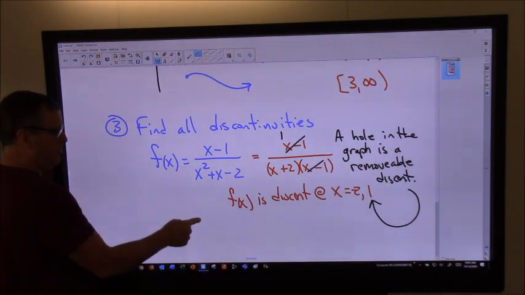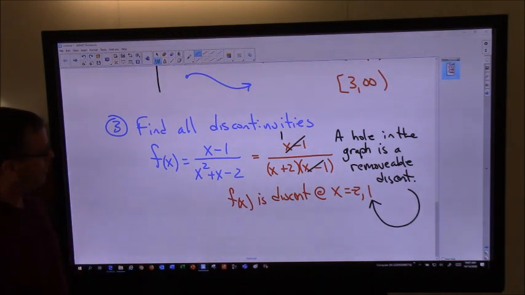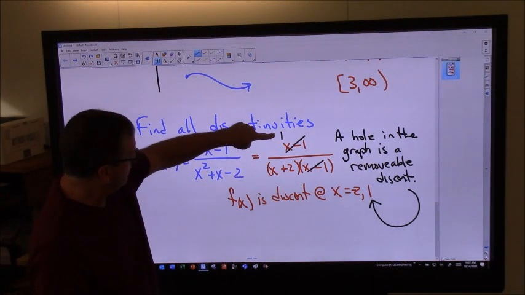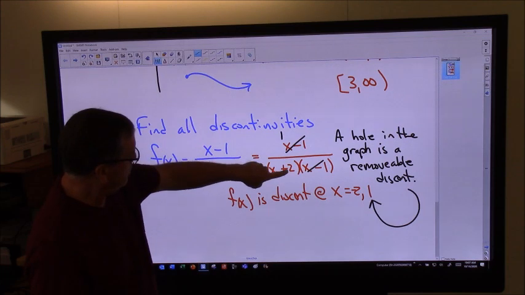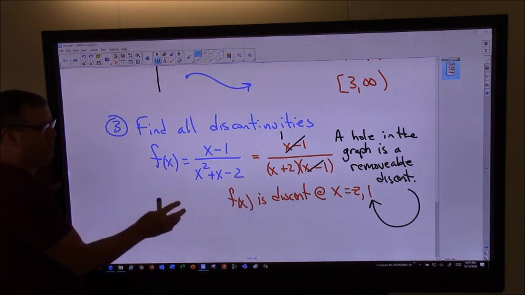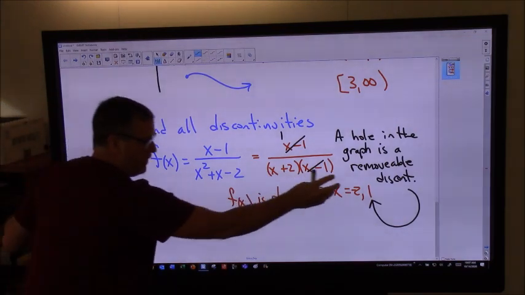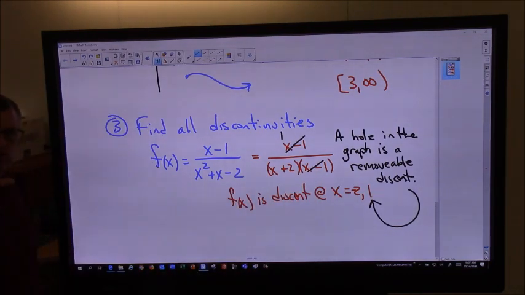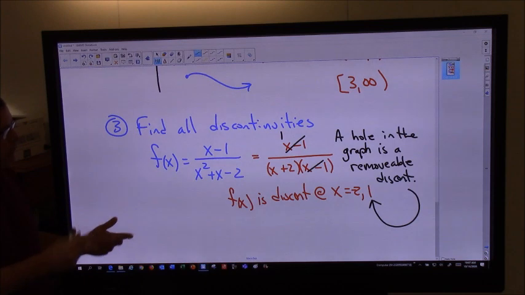And then our second piece is f of x would equal, let's see, if I put a 1 in here, I'd get 1 over 3, so 1/3. So in my piecewise function, I would say f of x equals 1/3 if x equals 1. So I now just filled in the hole, and that's what creates a removable discontinuity.